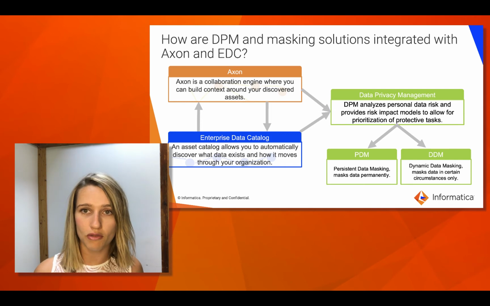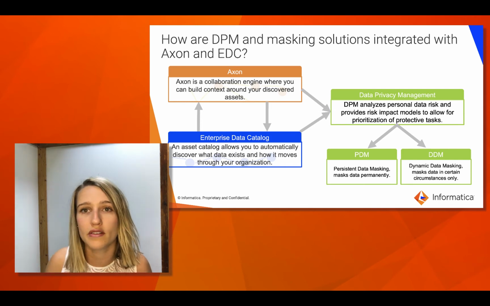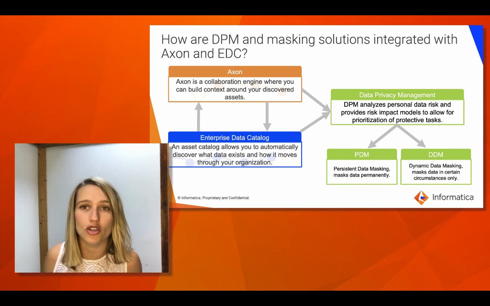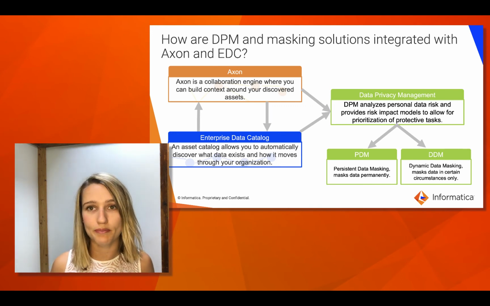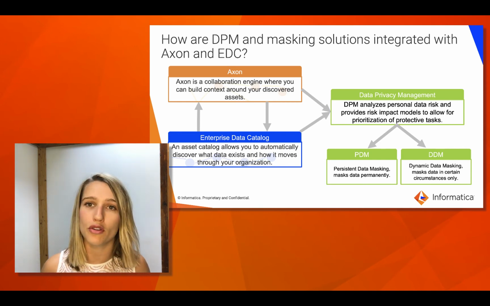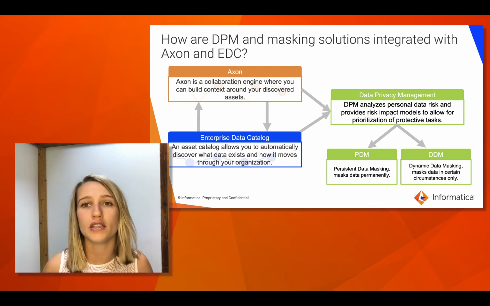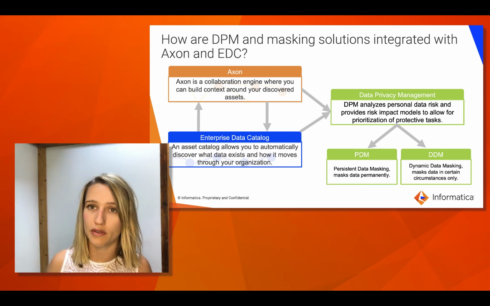So if you imagine the full flow being something like this, in Axon you might have a business process for onboarding a customer. You understand where all that data is and how it's flowed through all the systems. Because of EDC, you've got your full technical lineage brought in and you're understanding the data flows from that perspective. You then want to understand where the risks are.